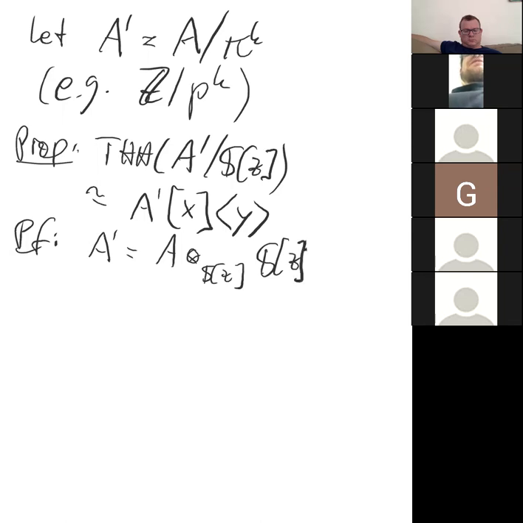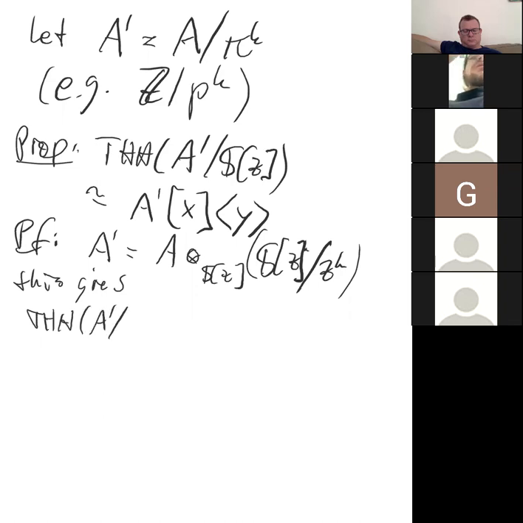You have this ring S adjoint Z. You can consider the cofiber of Z to the k on that guy. And if you base change that to A, you get the cofiber of pi to the k on A, so A prime. And this gives some kind of similar decomposition on this relative THH, because here you've tensored over the base you're working relative with.